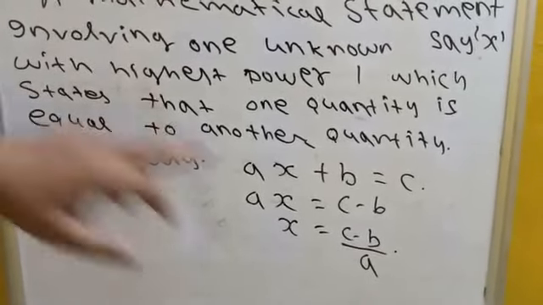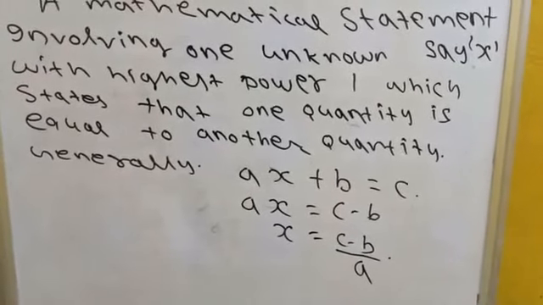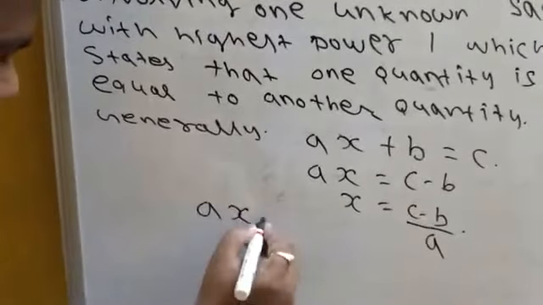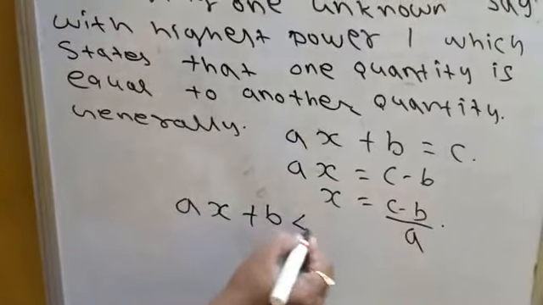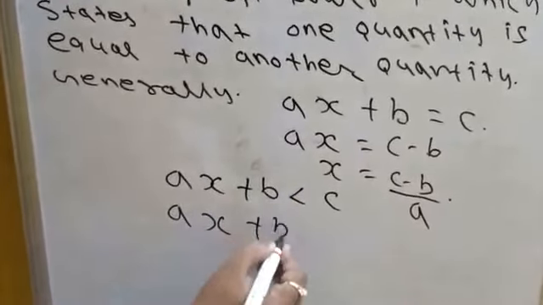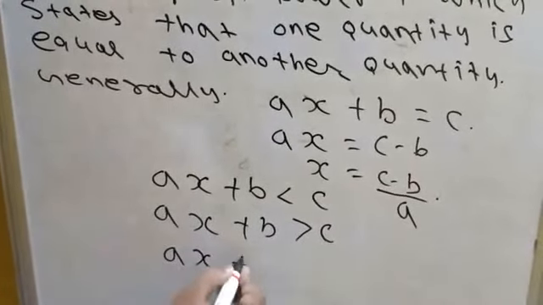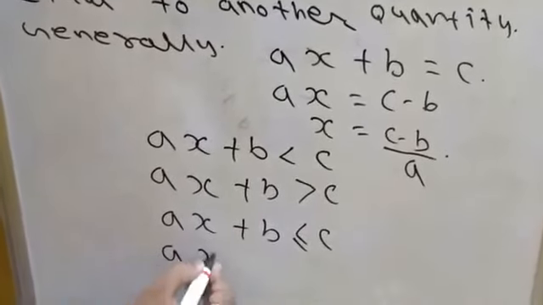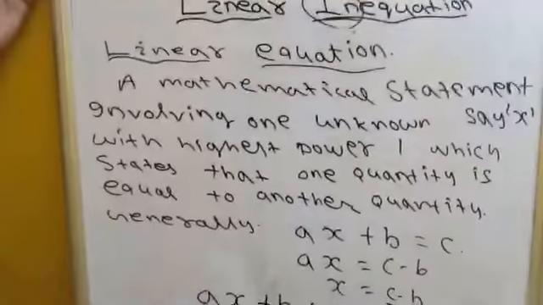Instead of equals to, when we write x plus b less than c, x plus b greater than c, x plus b less than or equal to c, x plus b greater than or equal to c.